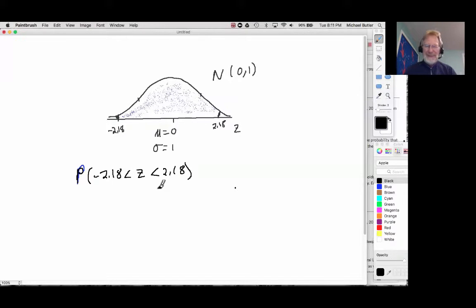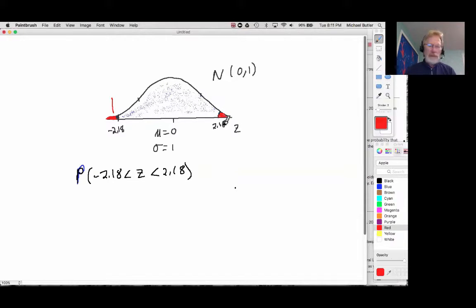I think the calculation is where I struggle. The thing you have to realize is that our book, like many textbooks and many software packages, gives probability from the left. That's real common. If I find that area right there, I know it's the same as this area right here, and those red areas are the same by symmetry.